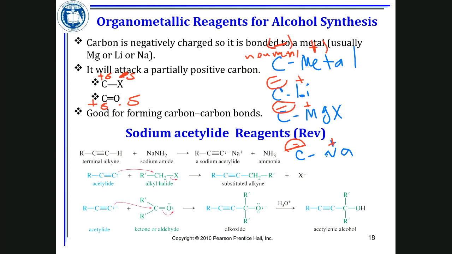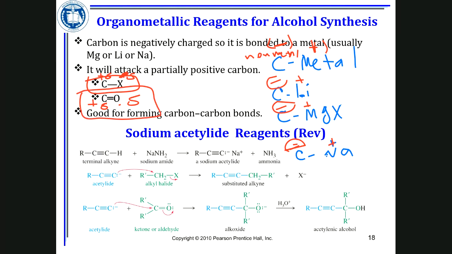Anytime you bring a metal to form a bond with carbon, and I know I'm repeating a few times, that's the unique and specific property of the organometallic compound. It gives carbon a negative charge and makes the carbon a strong nucleophile. Now, a strong nucleophile can react with the carbon from an alkyl halide, or it can react with the carbon from a carbonyl group.